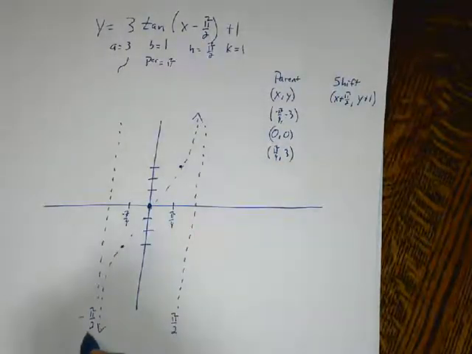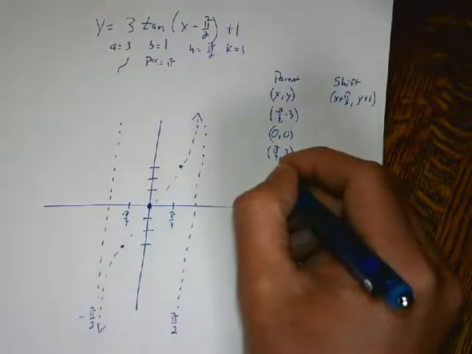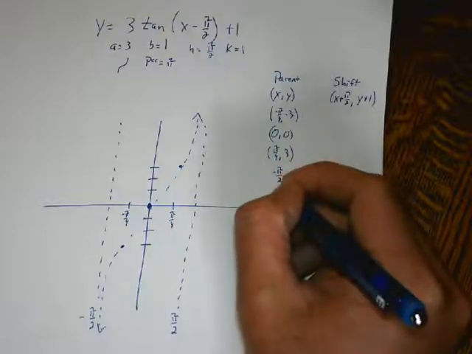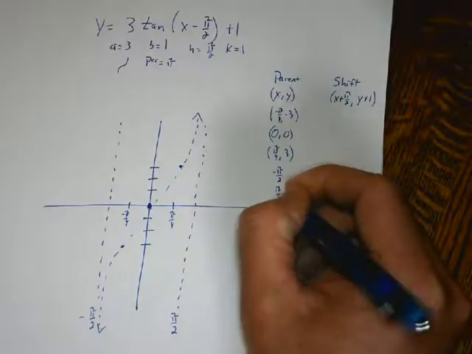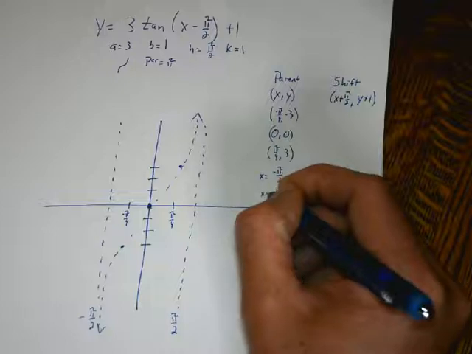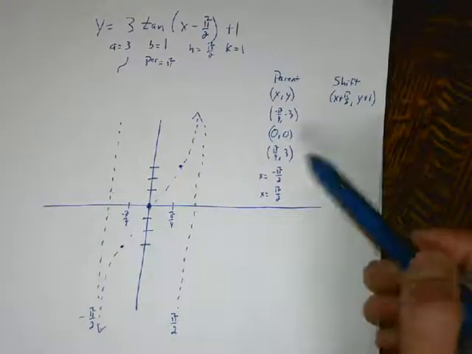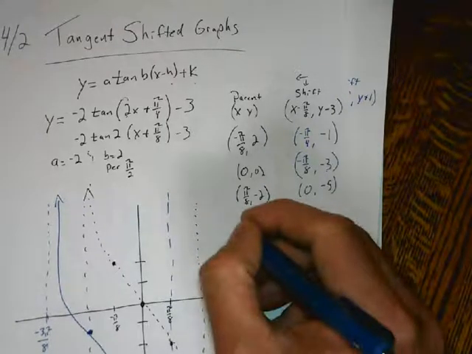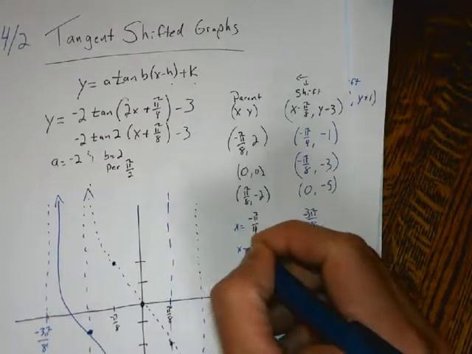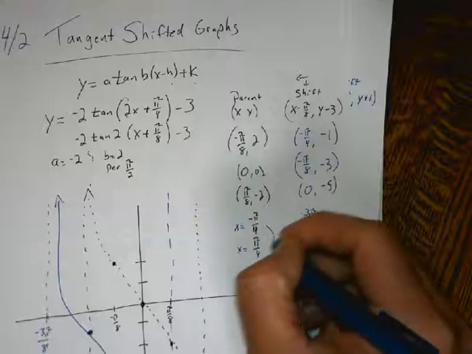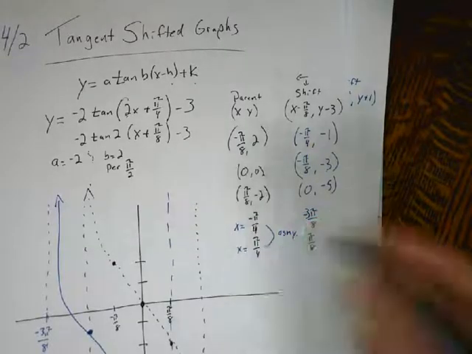Asymptotes, negative pi over 2, positive pi over 2. I guess I should have on the earlier one, I forgot to write down that these were technically x equals, because those are the asymptotes. I forgot to label that. Okay.